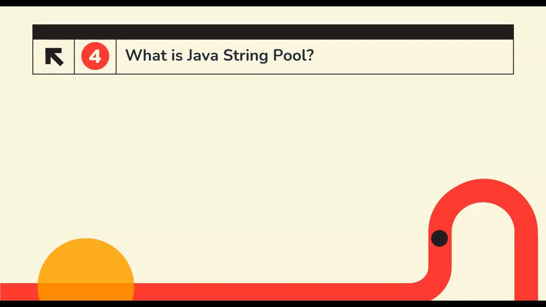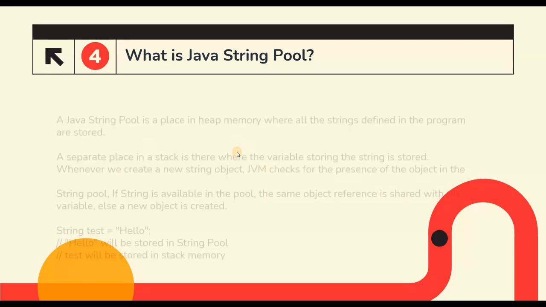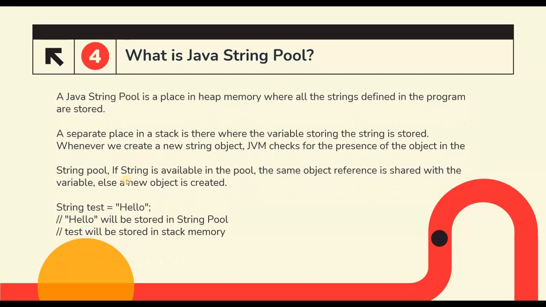Whenever you create a new string object, the JVM checks whether the same object is present in the string pool or not. If that particular string is available in the pool, then the same object reference is shared, and it will not create another reference. It will share the same reference if the object is available, right?